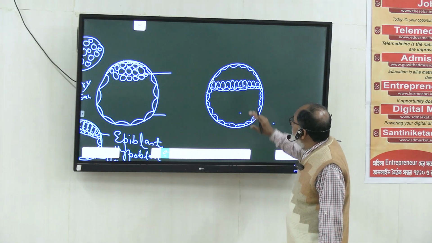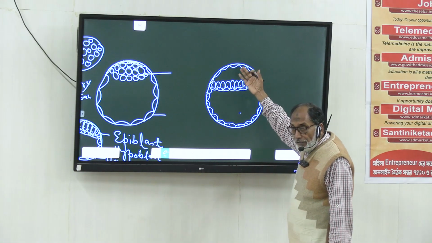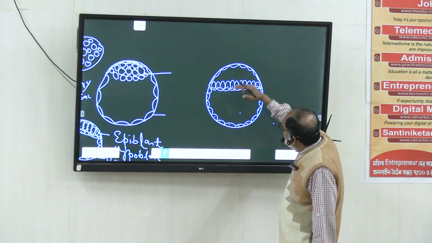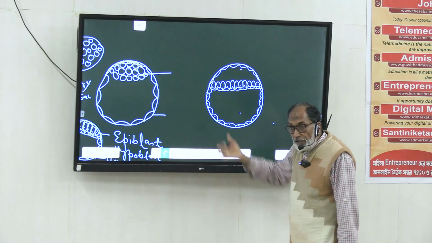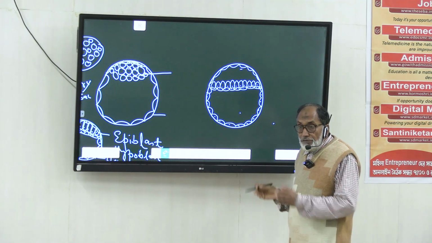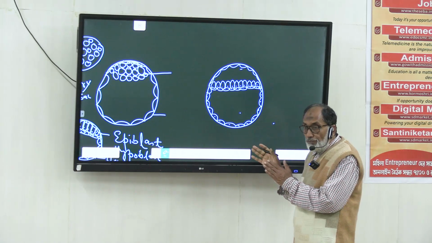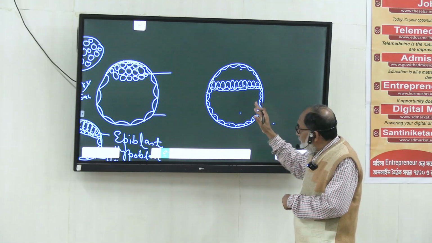Now, this amniotic cavity's roof is lined by cells which are derived from trophoblast.